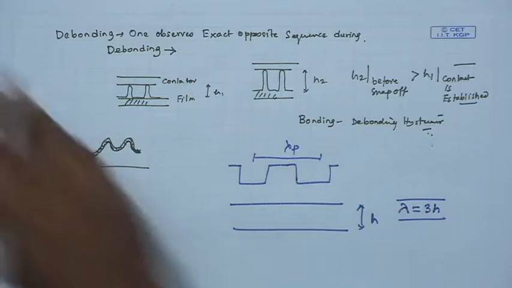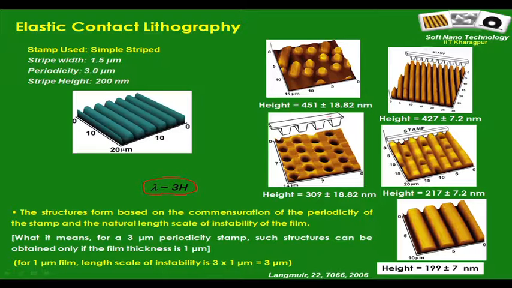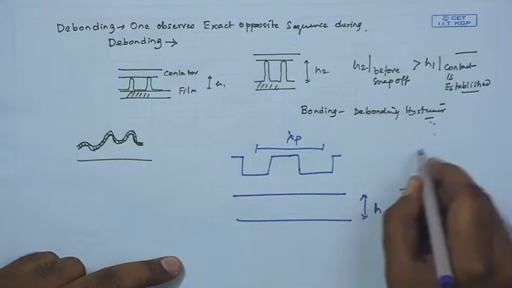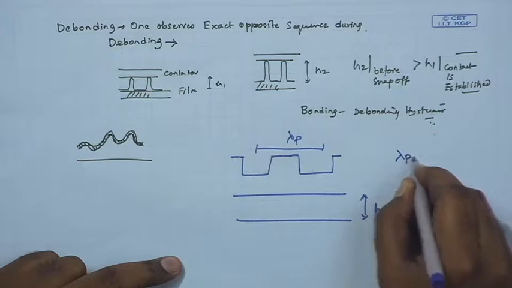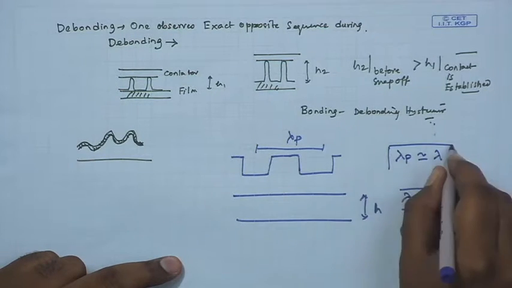So, these types of picoliter beaker formations or arrays of holes occur only when lambda p is commensurate with lambda.